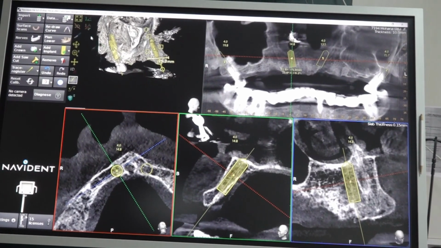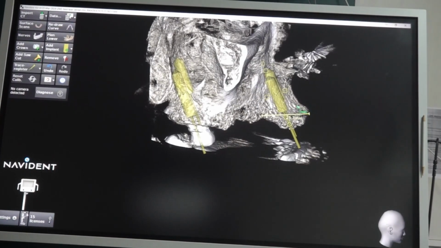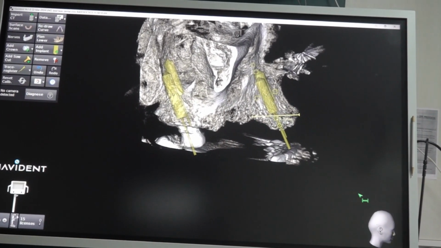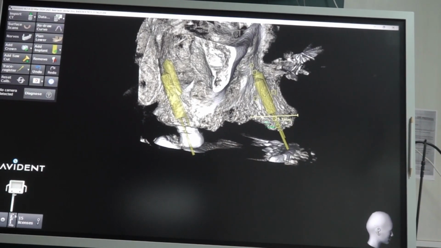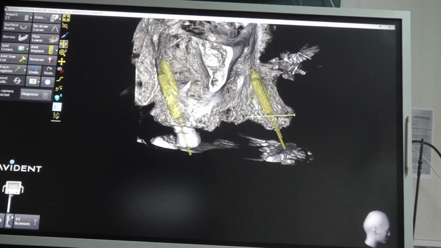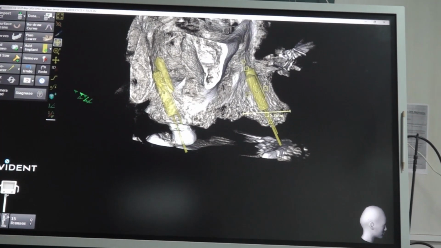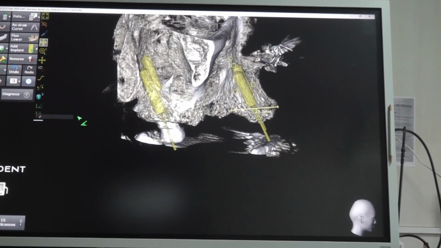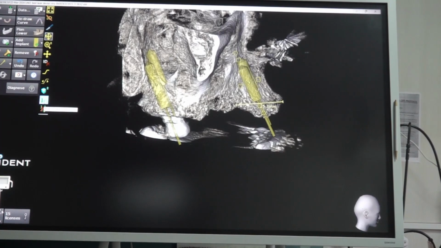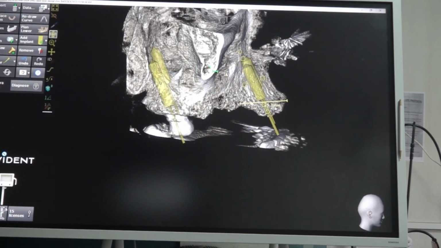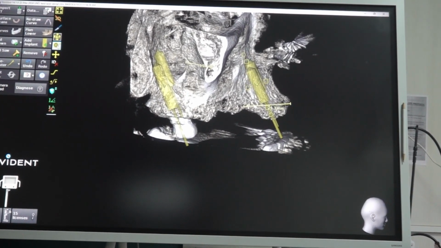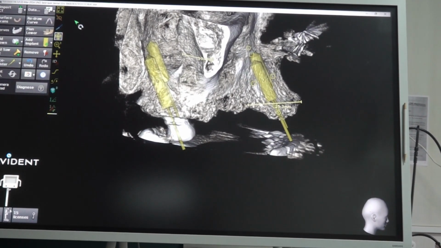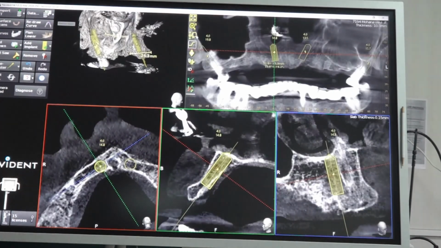Do you have an idea about the concavity? No? Okay. So in the lateral incisor area there is a natural concavity in the lateral incisor.